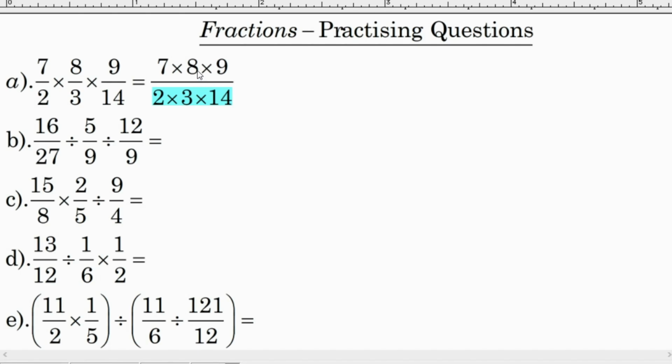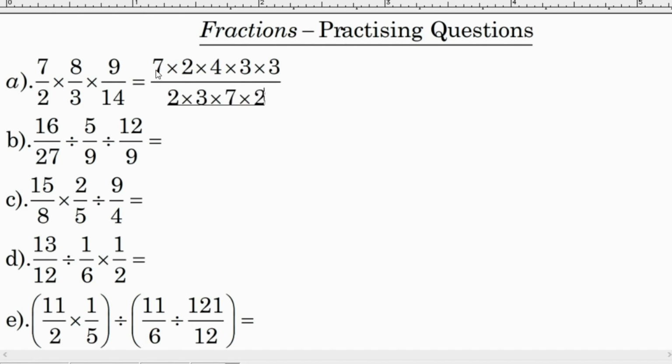But I want to simplify the numerators with the denominators first, so finally we get the answer. Here, 8 can be written as 2 multiplied by 4, 9 can be written as 3 multiplied by 3, and 14 can be written as 7 multiplied by 2.